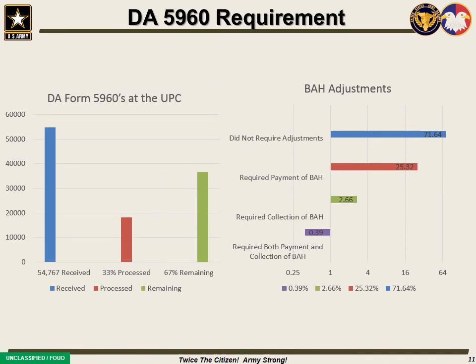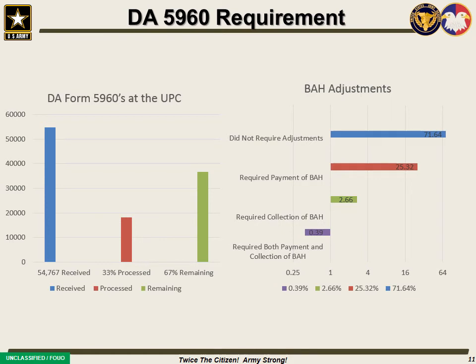Prior to the RLAS DA Form 5960, almost one third of USAR soldiers received the wrong rate of BAH-RC because units failed to send manual DA Form 5960s to the pay center or update the DA Form 5960 validation date in RLAS when soldiers had BAH changes.